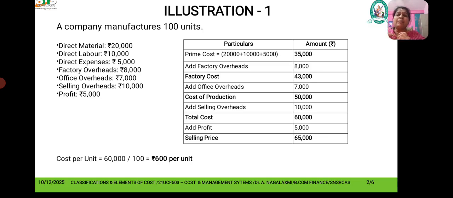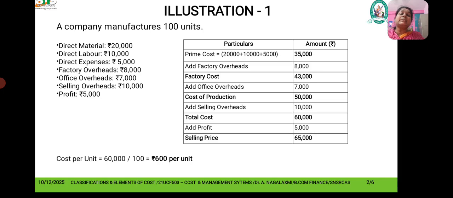See, a company manufactures 100 units of one product. It may be any product, but they are producing 100 units of one particular product. So what are the expenses involved? Direct material involved is 20,000. Direct labor involved is 10,000.